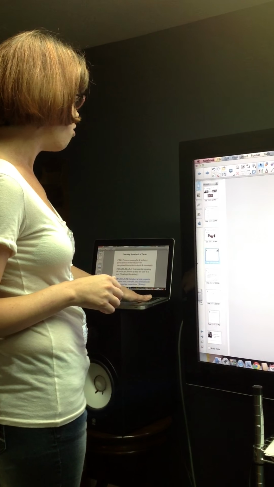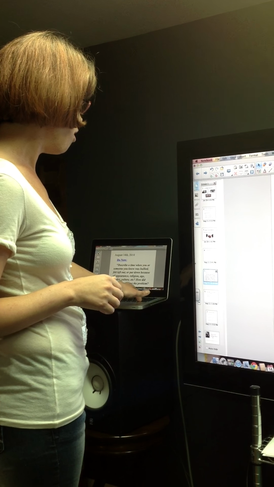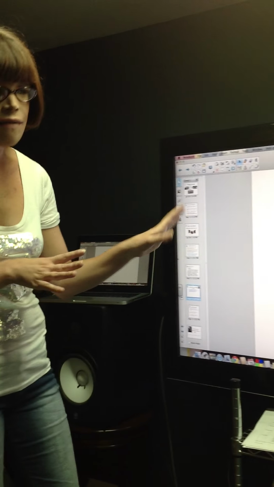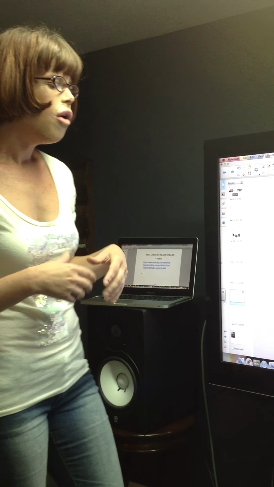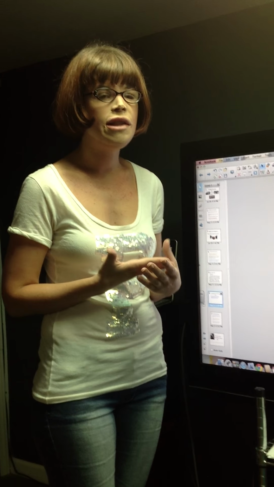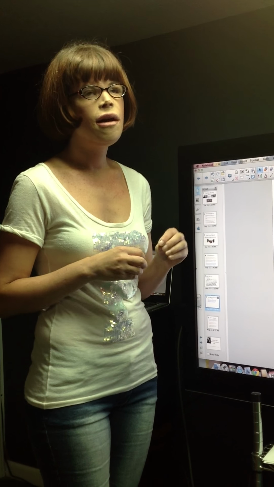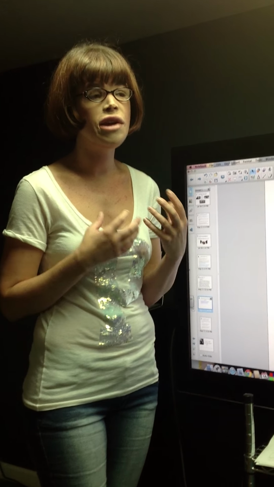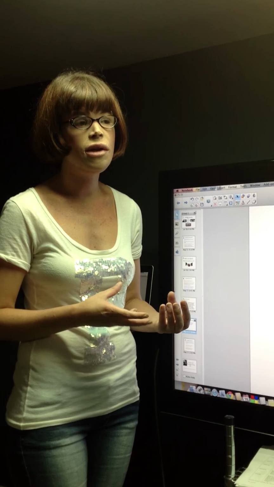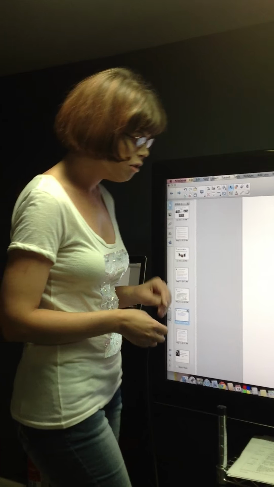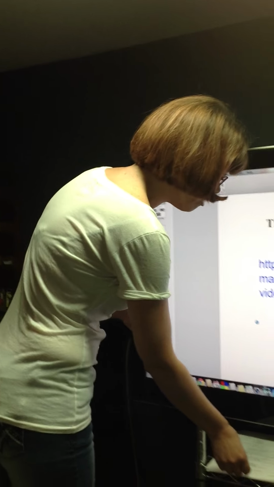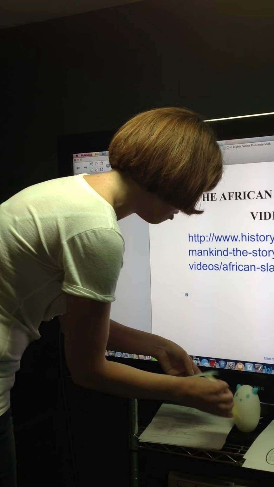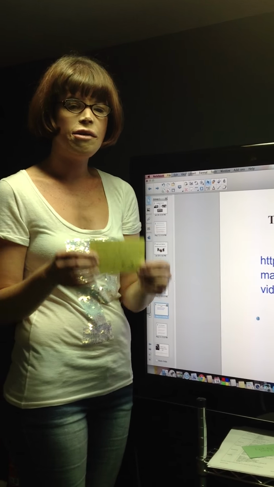Next, before we move into our African slave trade video, the kids are going to get familiar with the vocabulary in the unit. Students with special needs in particular have a very difficult time comprehending if they are unfamiliar with vocabulary, so they're going to use certain strategies. They're going to create student-led vocabulary cards.